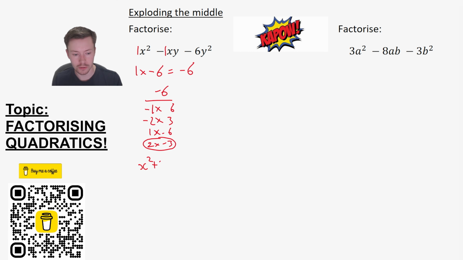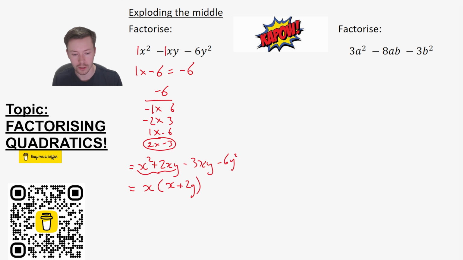So again, I'm going to factorise the first two terms, and they've both got an x in. So I'm going to take the factor of x out, and then I get left with x plus 2y. Now remember, this bracket should also be in the second bit. Looking at this, they're both negative, and I can take out a factor of minus 3y, because they've both got y in.